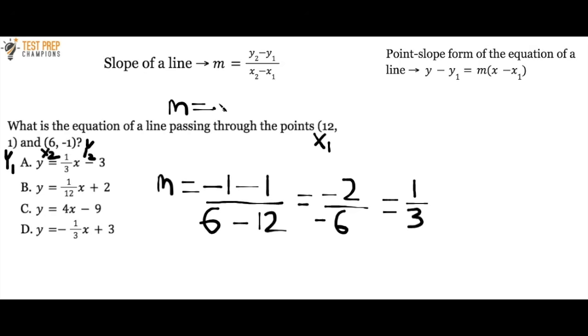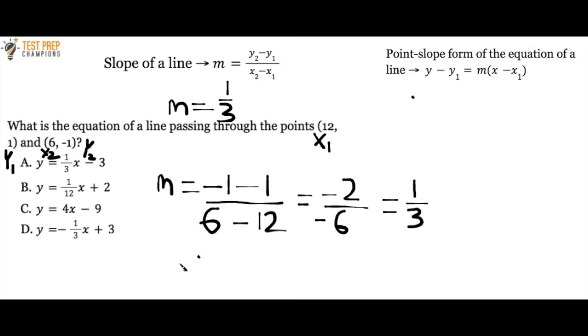So again, the first step to finding the equation of a line is to use the slope formula and get this right here. Next we're going to use the point slope form of the equation, which is just plugging more numbers in and then doing some math to get the answer.